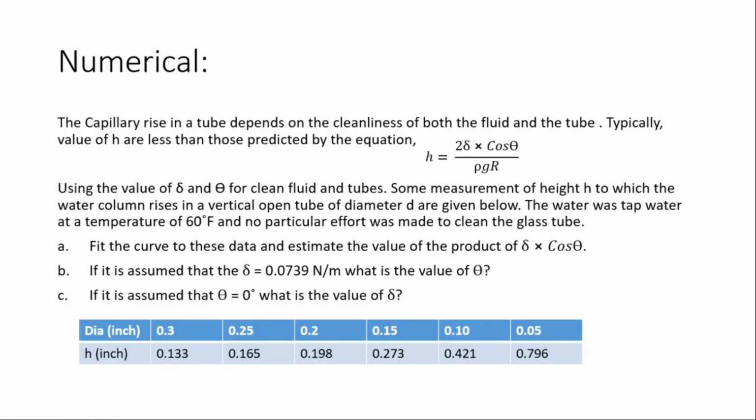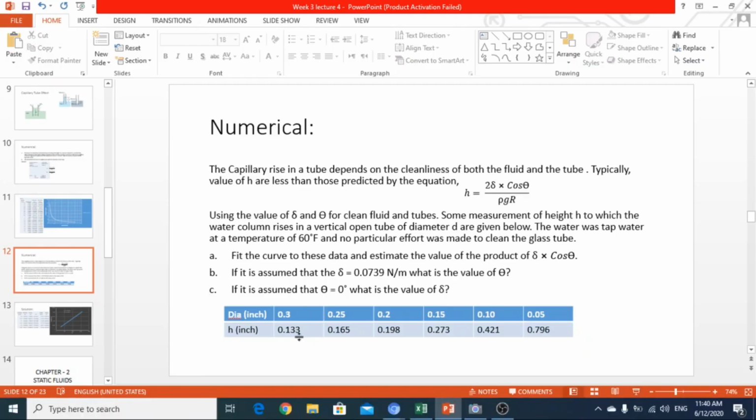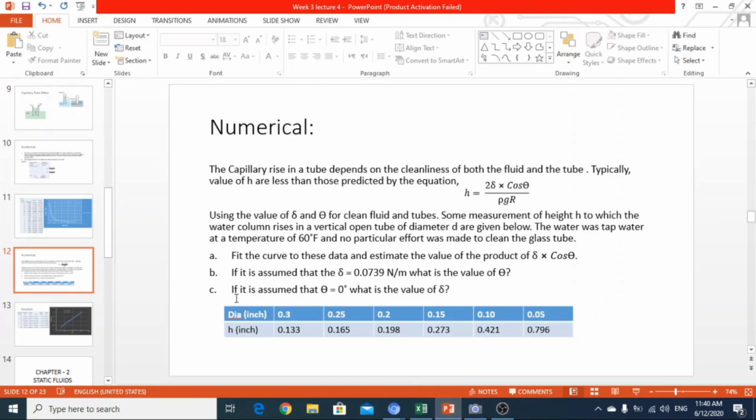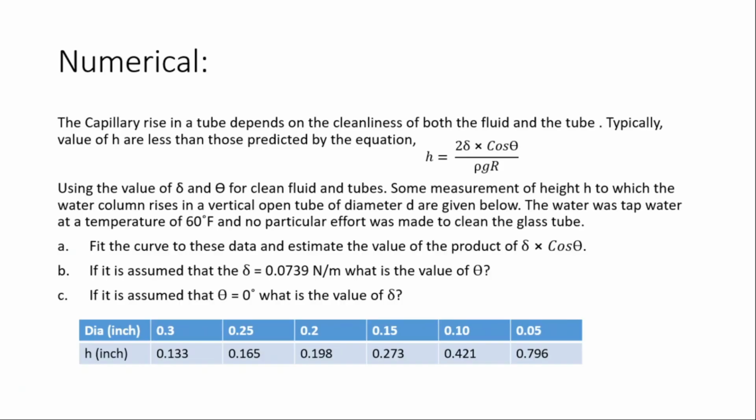In this relation which we have found, you will put the value of surface tension and you will get the respective theta. And in the second part, you put the value of theta and you will get the respective result for surface tension.